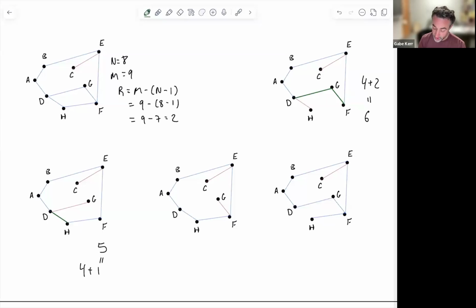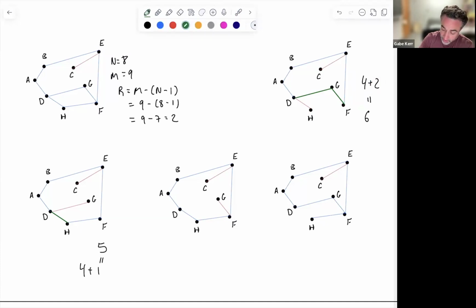However, I have to be careful not to double count, removing HF. If I remove HF and DG, then here I've already counted removing HF and this DG. So I don't want to count that. I have to be a little careful. So I won't count that.